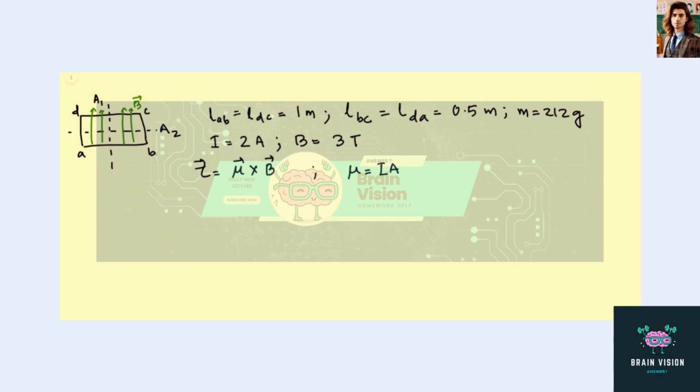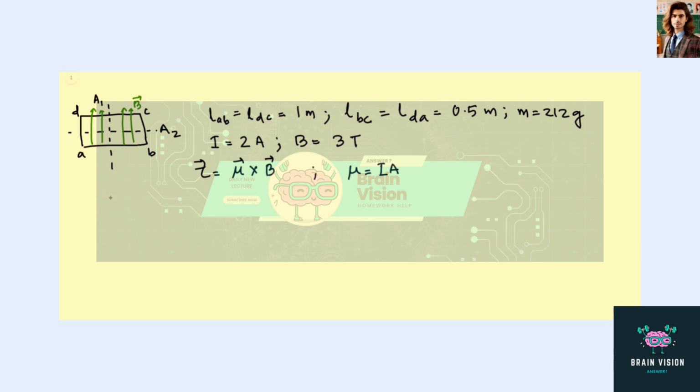For this particular case, if the current is clockwise, then mu should point out of the paper, and if the current is anti-clockwise, mu should point into the paper.